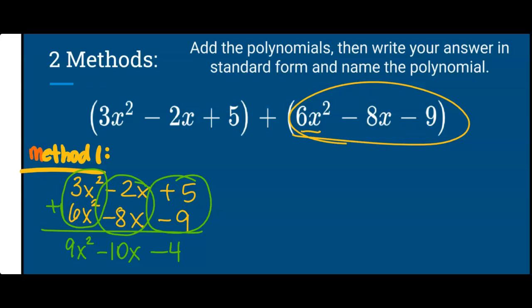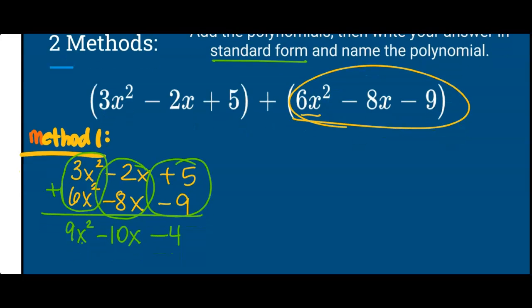I then just want to make sure that I'm in standard form, which I go 2, 1, no variable. So that is indeed in standard form. And then I want to name my polynomial. So I see that I have a degree of 2 and 3 terms, which makes this a quadratic trinomial.